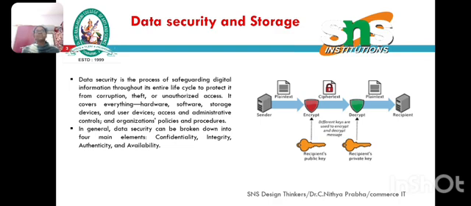The key aspects of data security and storage: protection against unauthorized access. This involves using strong passwords, access control lists, encryption, and other technologies to ensure only authorized users can access sensitive data. Data integrity, measures taken to prevent data from being altered, corrupted, or destroyed, including data validation techniques and regular backups.